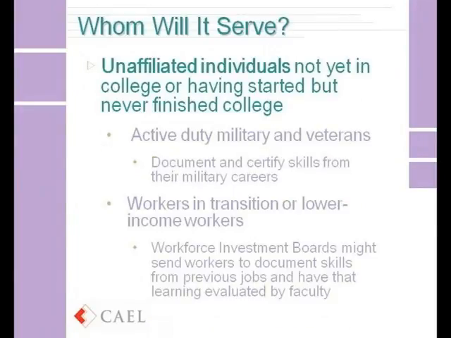We expect that it will also serve unaffiliated students, for example, people who are in the military and veterans or workers in transition. In fact, some of the funding that we have, funding from the Joyce Foundation, is to help individuals work with workforce investment boards to document skills and also to have training in coursework that might apply to college-level coursework like the PLA course itself.